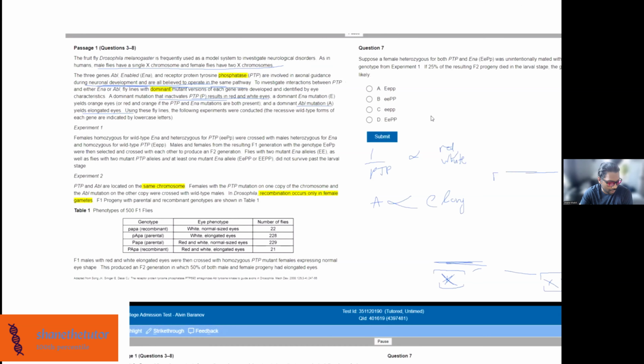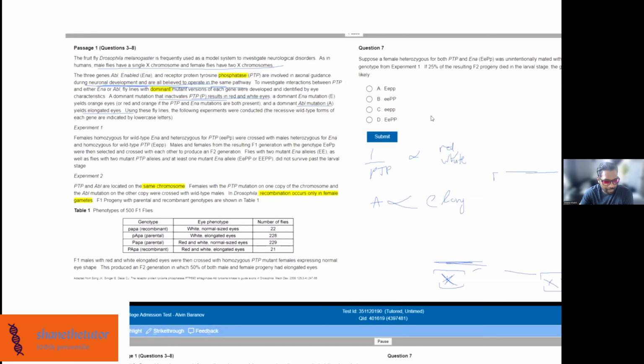So they have the genotype capital E and then little p. So that would be the parent generation, because males and females from the resulting F1 generation with the phenotype big E, big P, little p, were then selected and crossed with each other to produce an F2 generation.